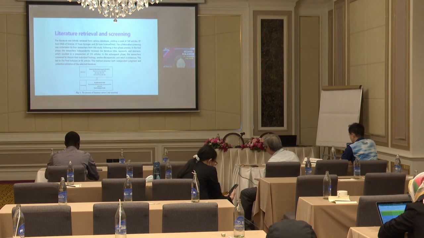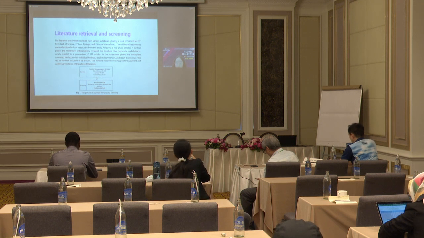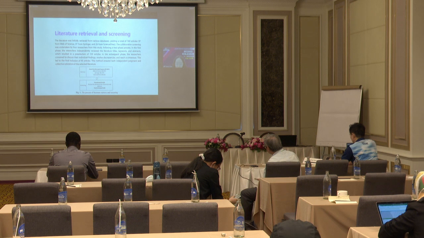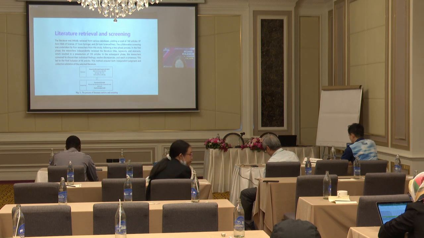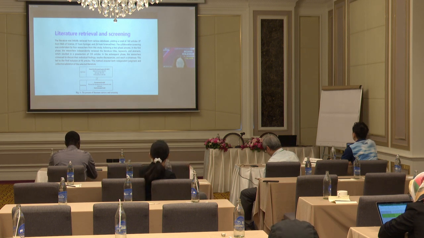The literature was retrieved from various databases, yielding a total of 160 articles, 97 from Web of Science, 37 from Springer, and 26 from Science Direct. The screening was undertaken by 4 researchers from this study, following a 2-phase process. In the first phase, the researchers independently reviewed the literature titles, keywords, and abstracts, which resulted in a selection of 135 articles.